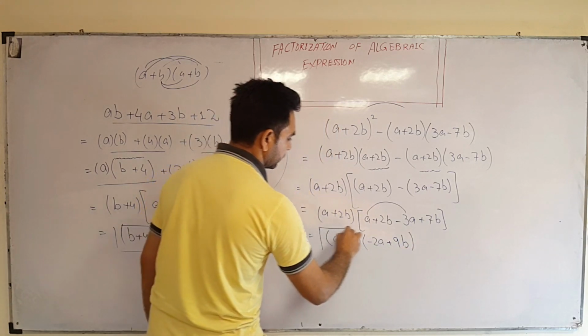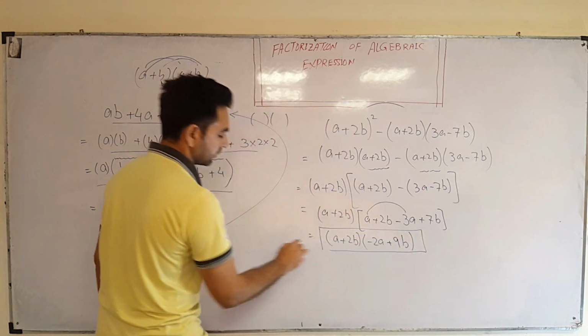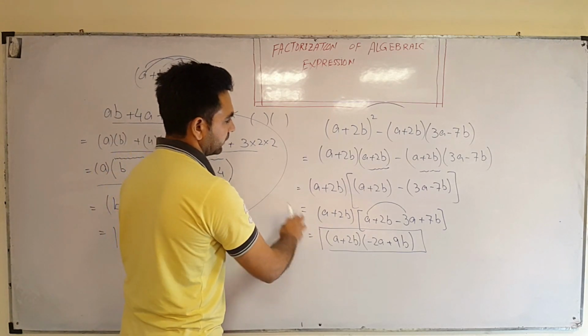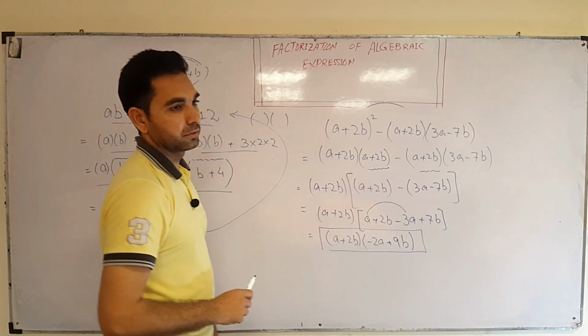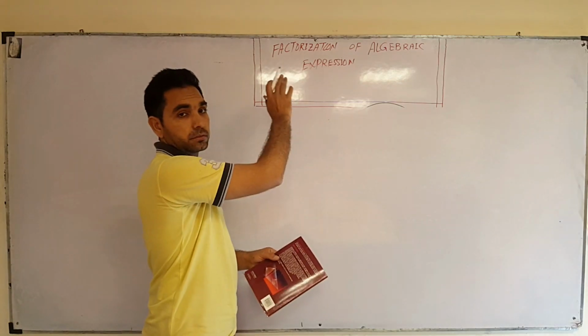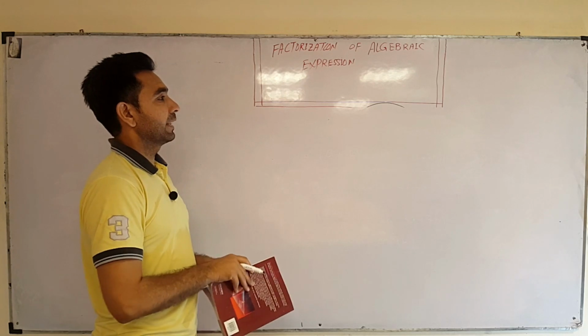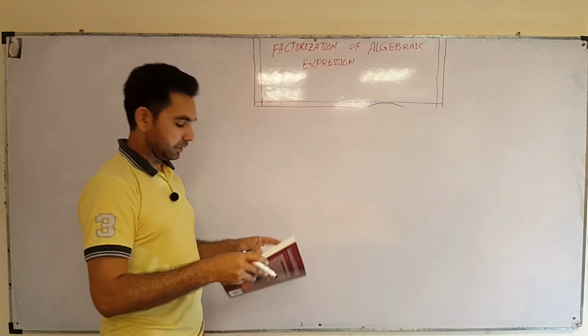So these are the two factors, and they were expanded to give you this. Now factorization, but with the identities, right?